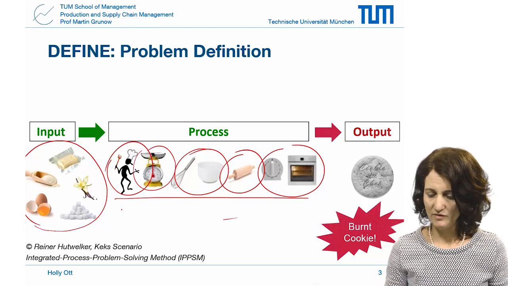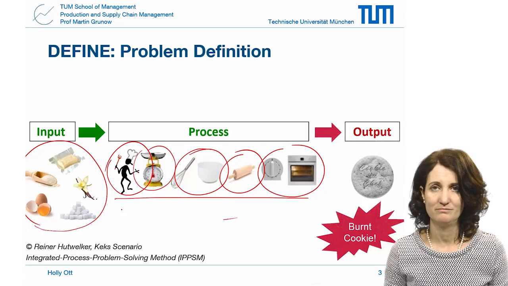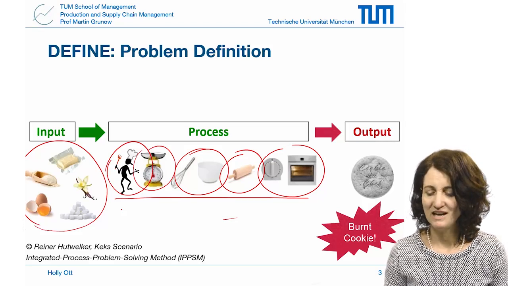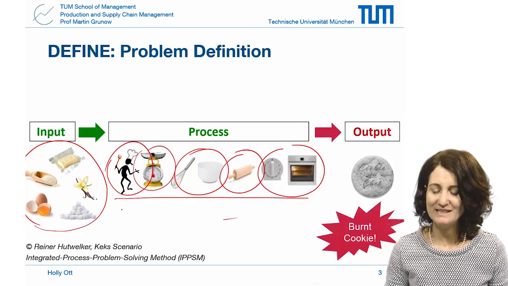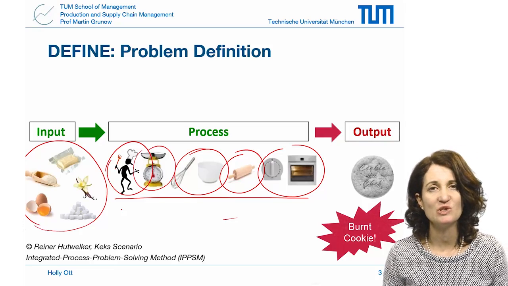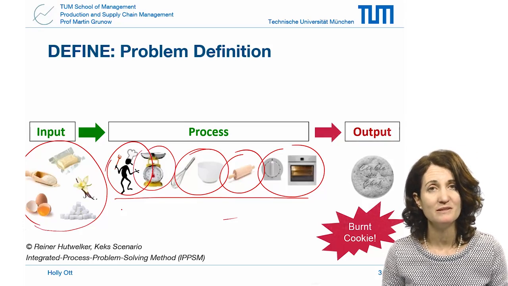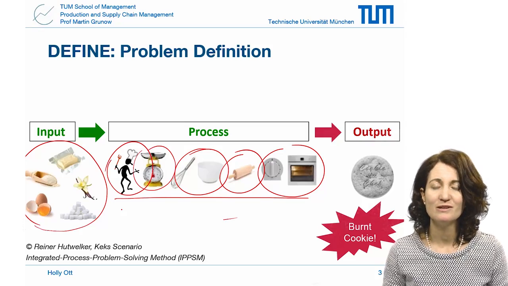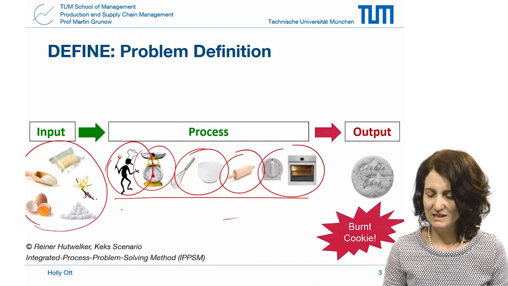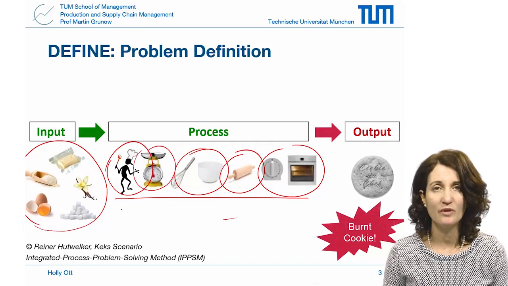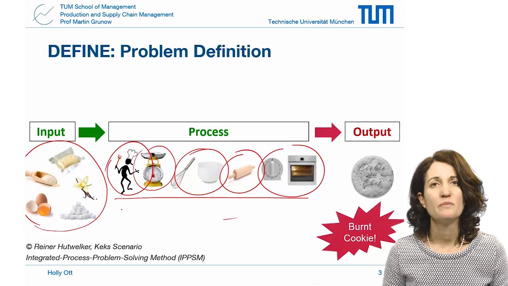Now, at the end of our process, we have a burnt cookie. How do you know that this is not meeting your customer expectations? Well, if you're thinking about cookies, probably you want your cookies to be the right color. You don't want them to be green or yellow. You want them to be sort of brown, kind of thick chocolatey, dark brown. You want them to be not burned.